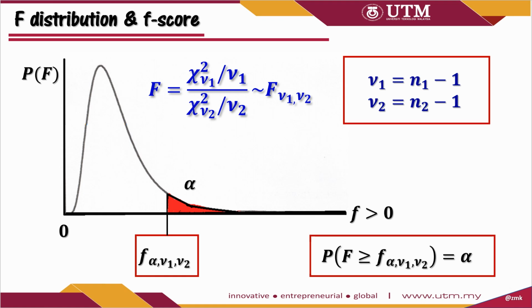You can observe from the figure that the bigger the red shaded region is, that is, the bigger the alpha value is, the smaller you should expect the value of F alpha nu1 nu2 would be as it comes closer to 0.